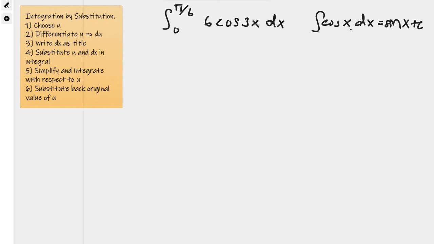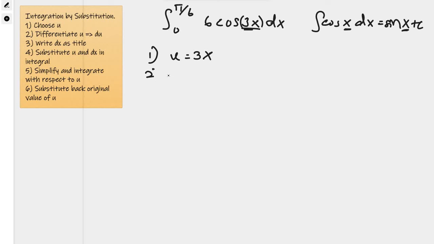But this one only applies if you have x. If you have a trigo function with a number attached to the x, it will become a function here, so you cannot just straight away use this formula. You need to apply the substitution rule. So let's use the steps one by one. Step 1, we let u be the function inside your trigo.